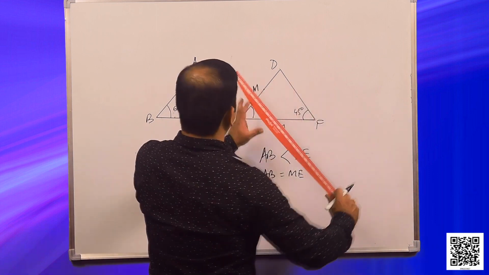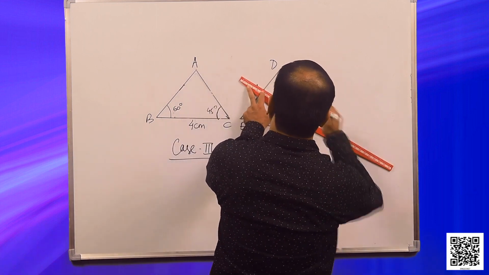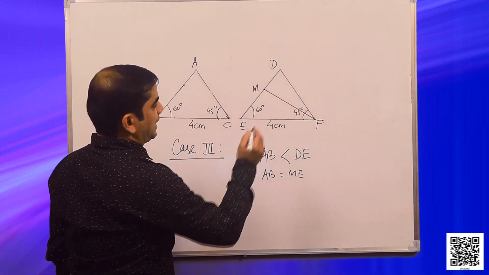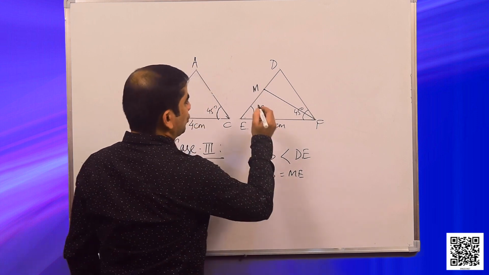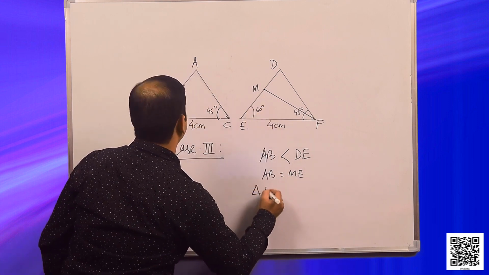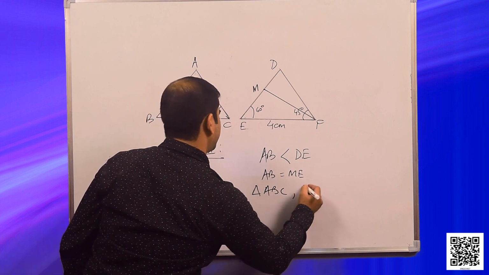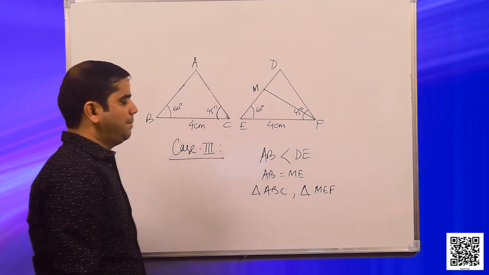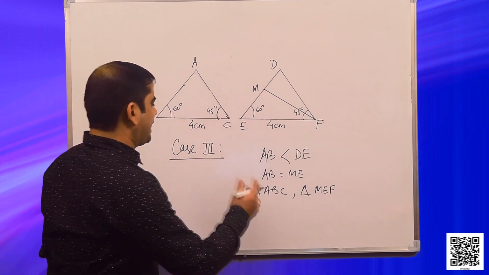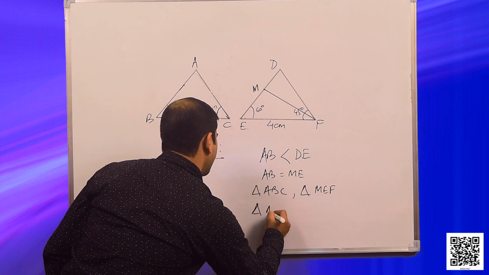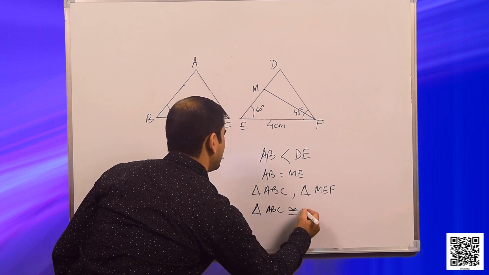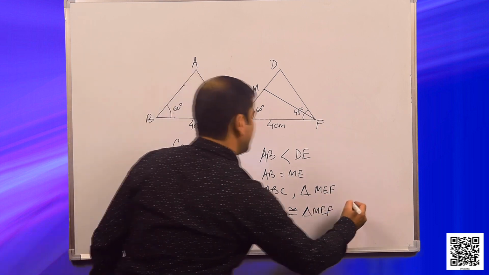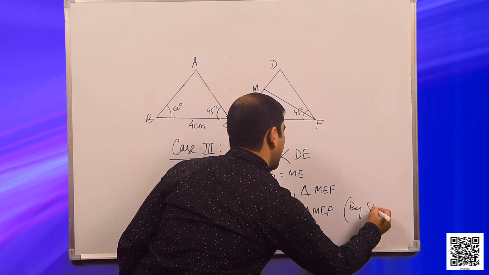We can join points M and F to get triangles ABC and MEF, and we can prove triangle ABC congruent to triangle MEF by following such.